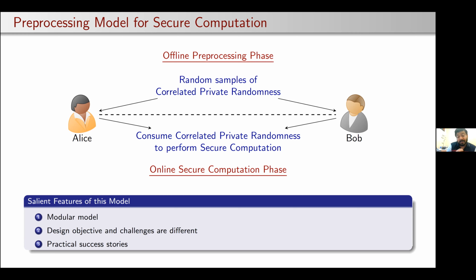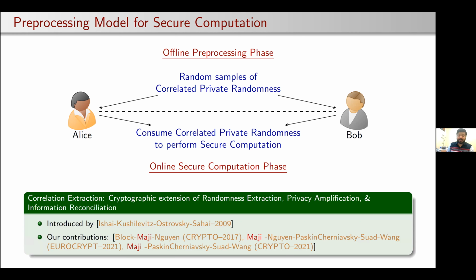This model is particularly popular because there are several practical success stories for MPC which build on this model. Now let me illustrate how one can establish several research directions starting from this particular model.